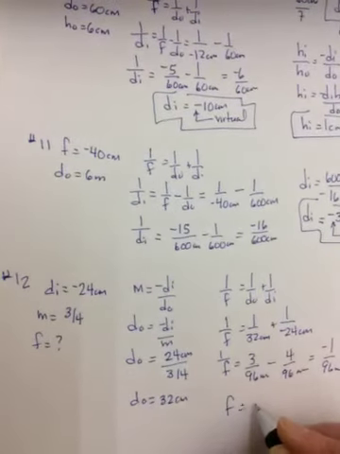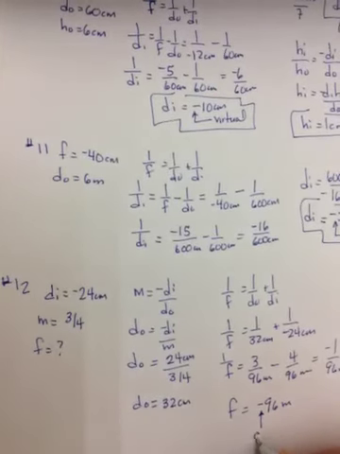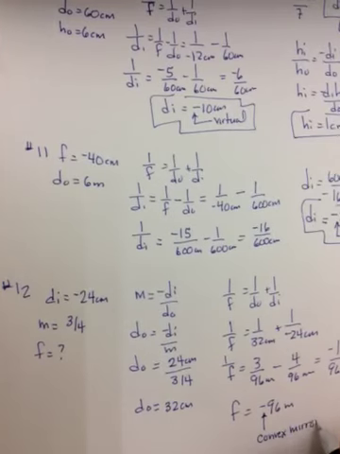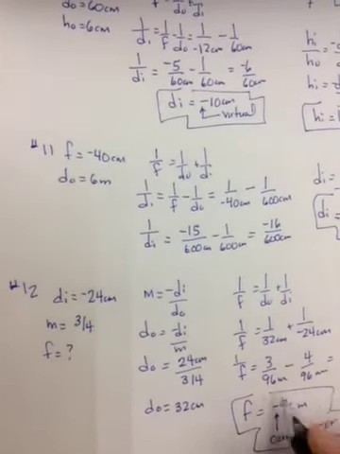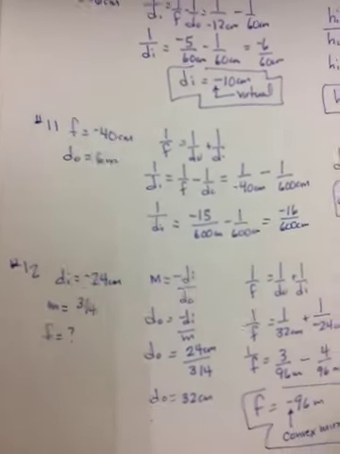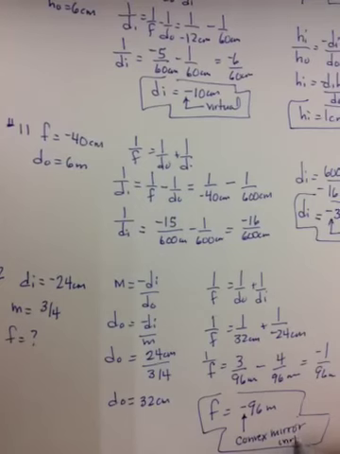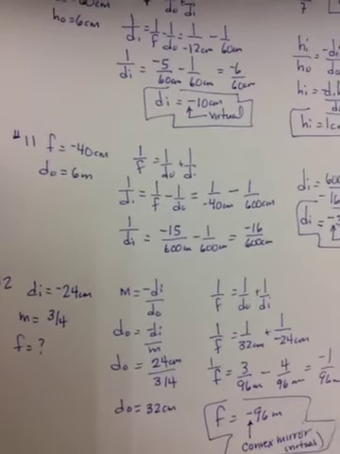So the F should equal negative 96 centimeters, and this means it's a convex mirror. Okay, that is the 4 questions in the first set. Convex mirror, so it also means the F, of course, is virtual because it's behind the mirror.